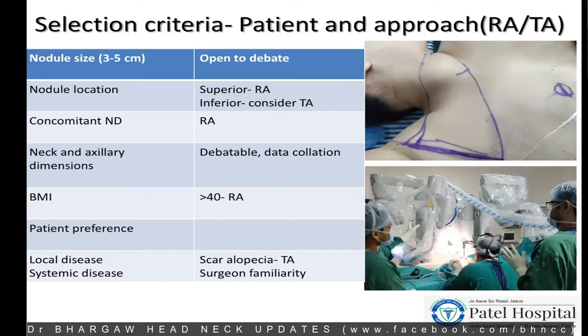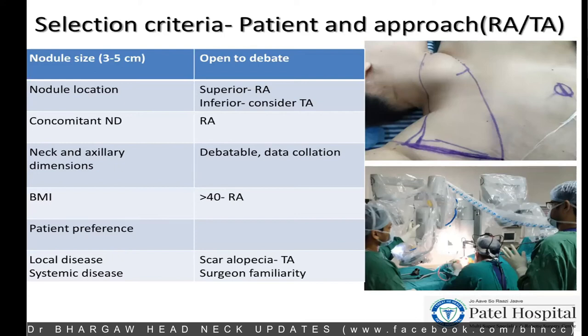Neck and axillary dimensions: we are trying to do some kind of data comparison across 3 institutions to see how neck dimensions, the presence of a short, stocky neck, the thyromental distance and everything is going to play a role. But that's data that's unfortunately not been generated anywhere so far, including by the worldwide proponents, because the proponents of robotic thyroid surgery only did one approach. They never really did a head-to-head comparison like we talked about.